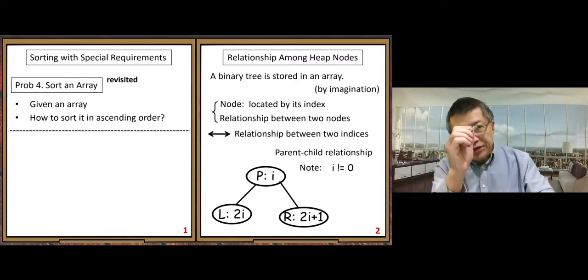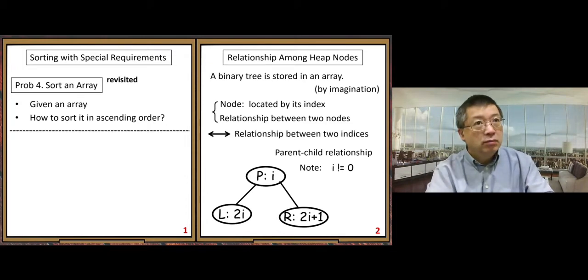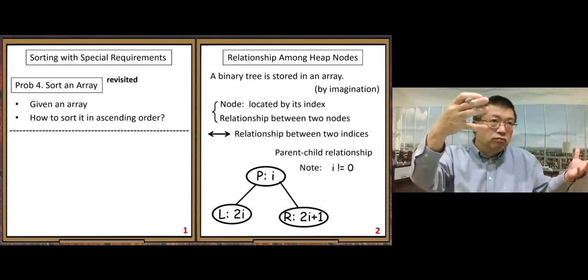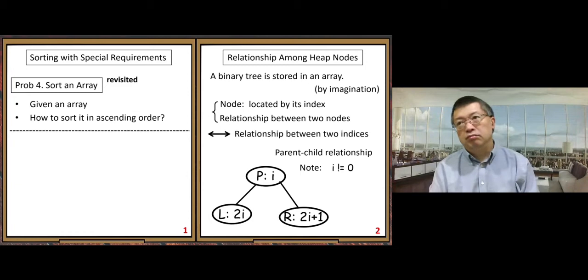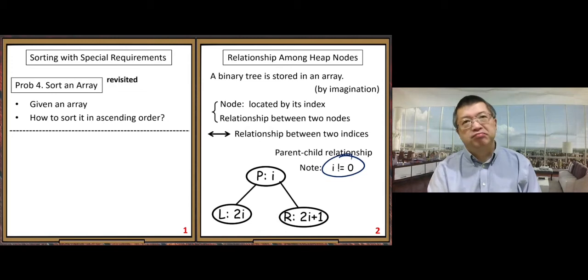If i equal to 0, i and 2i are the same, right? i equals 2i. Parent and left child would be the same node. We do not allow that to happen. So for that reason, we need this condition.